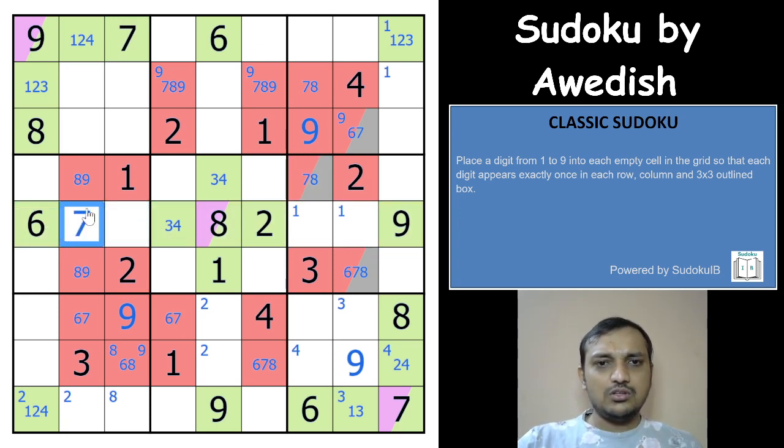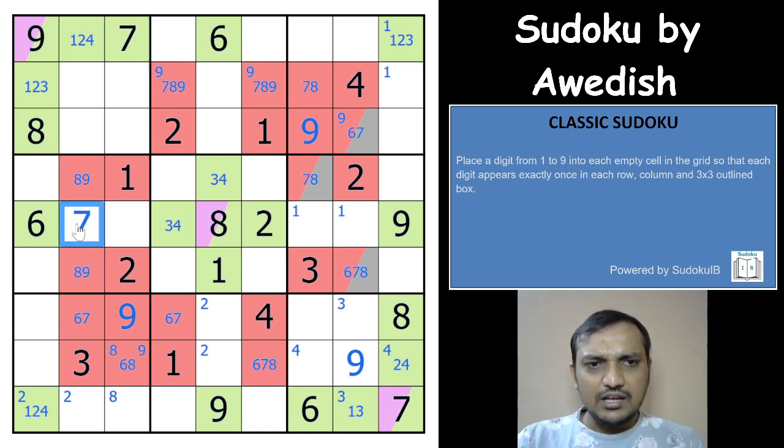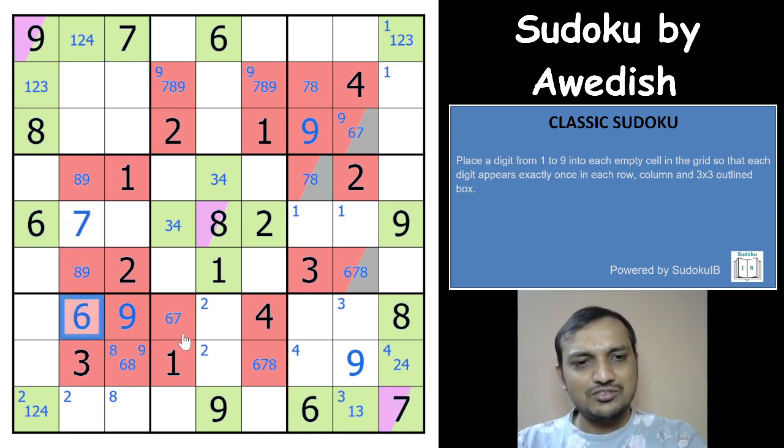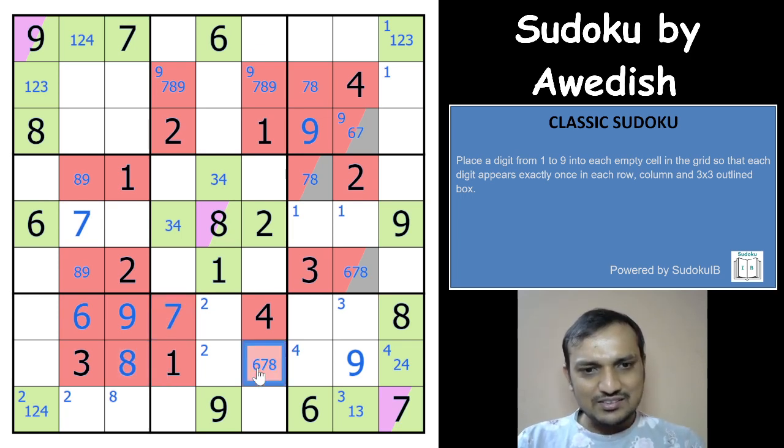Just with the logic that we have used, set equivalence theory, and one WXYZ wing, we directly get a digit here, and that digit actually solves this Sudoku. This is 6, this is 7, this is 8, this 7 and 8 gives you a 6 here, right? This 7, I remove 7 from this cell.